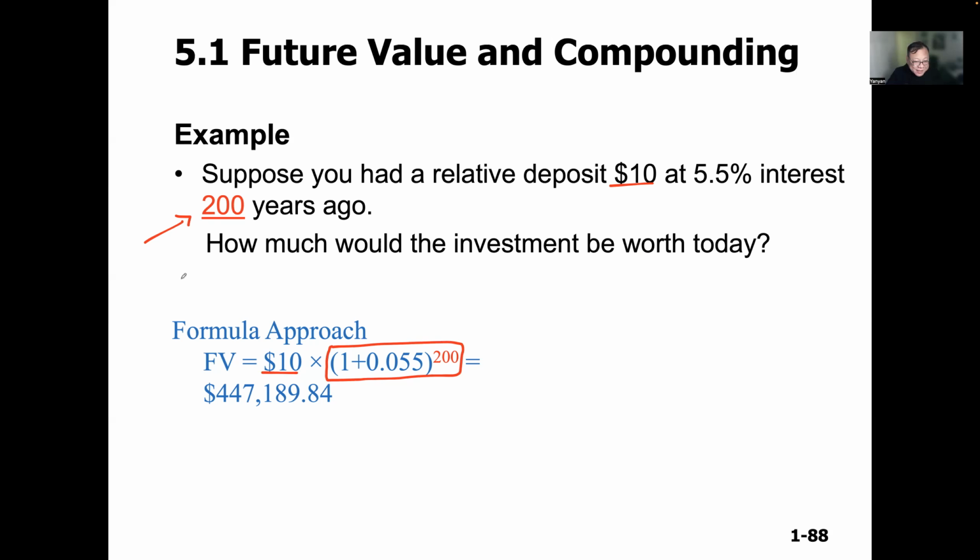And take a look at this number. Wow, that's almost $450,000 in 200 years, okay? So $10 will grow because of the compounding effect to that big number, right?